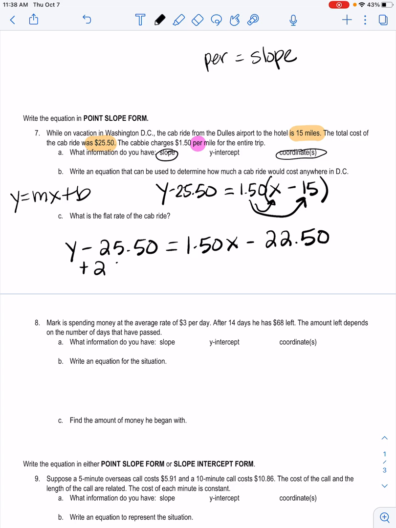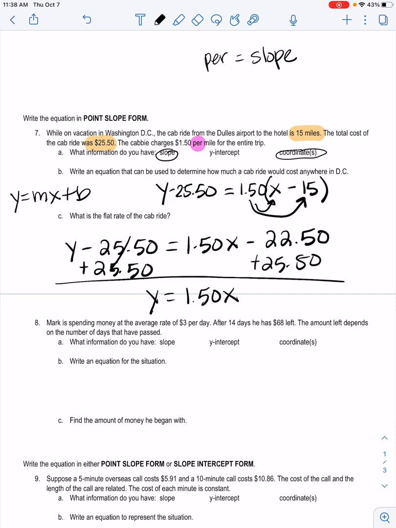So I'm going to add 25.50 to both sides. Those cancel and we're left with y equals 1.50x plus 3. So now that I have my equation, I can look for my y-intercept, which I know is 3. So the flat rate of the cab ride is $3.